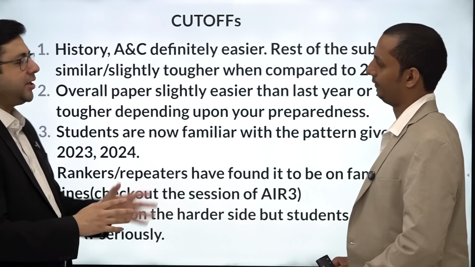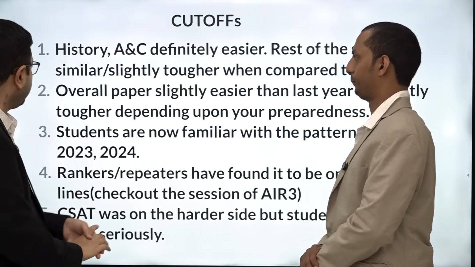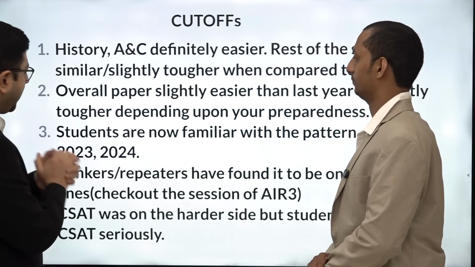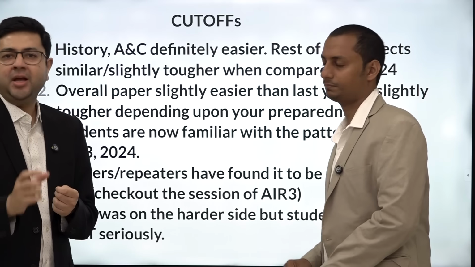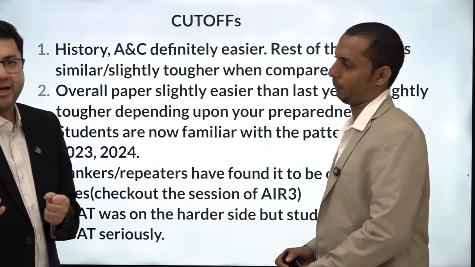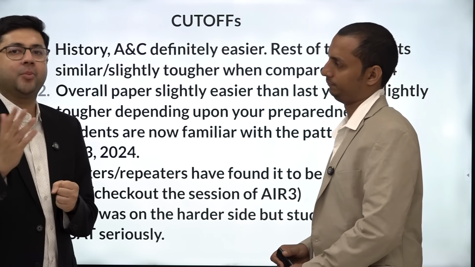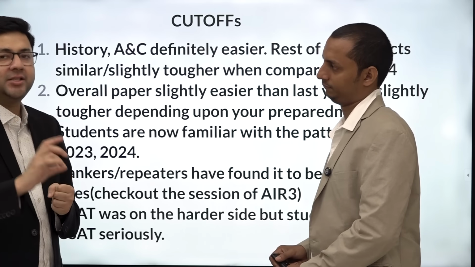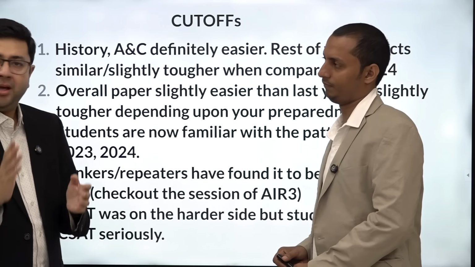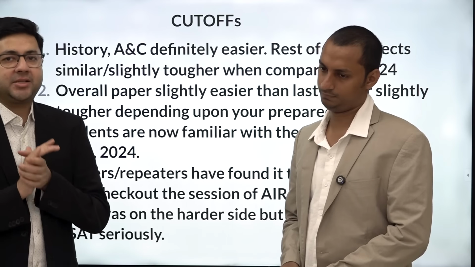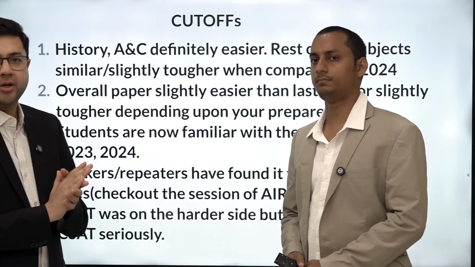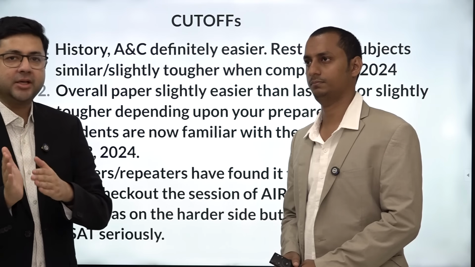First, history, art and culture were definitely on the easier side. Second point, the paper: some are saying it's slightly easier, some are saying it's slightly tougher. The term here is slightly, right? Depending on who you are and what your preparedness is, slightly easier or slightly tougher is being used. The thing is, a lot of rankers and a lot of veteran aspirants have found this paper to be on the easier side.